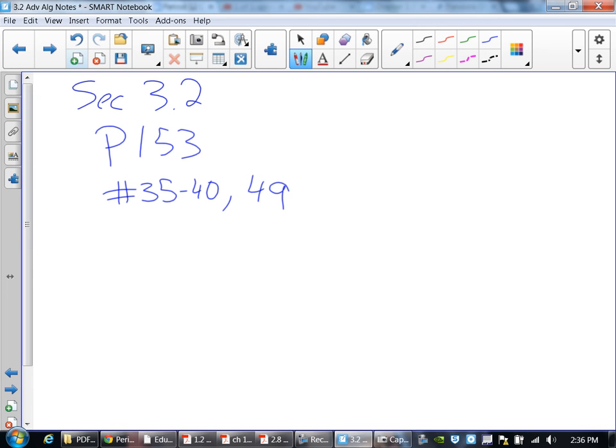I'd like you to do numbers 35 through 40 as well as 49. These are all systems of equations.